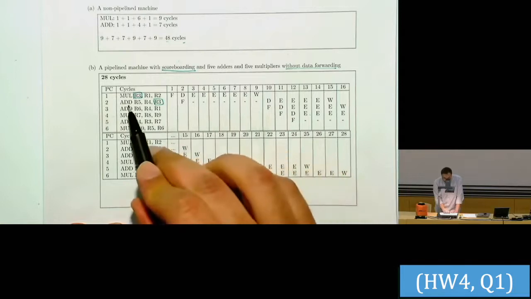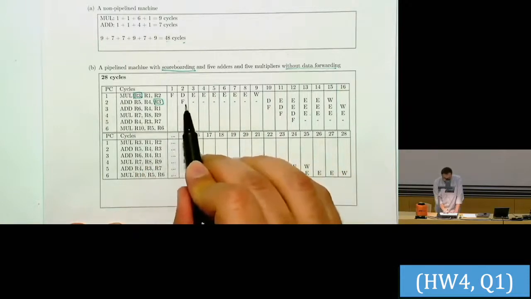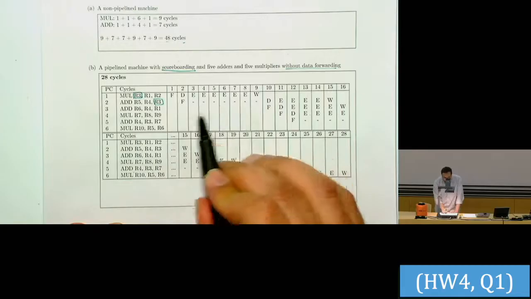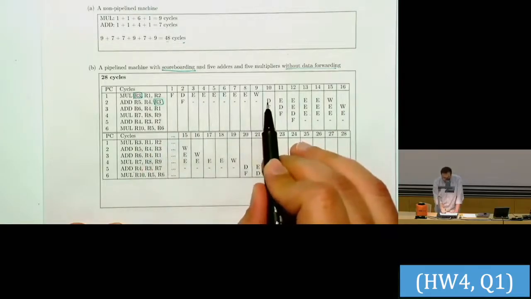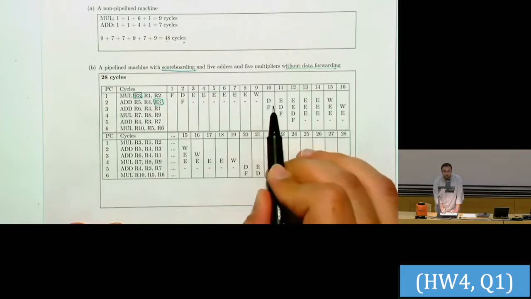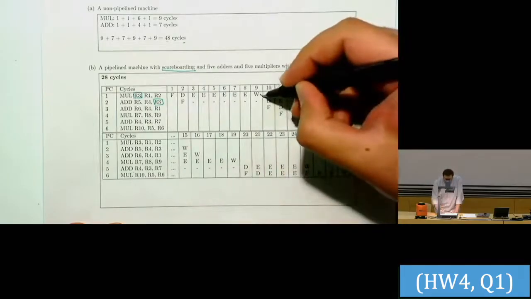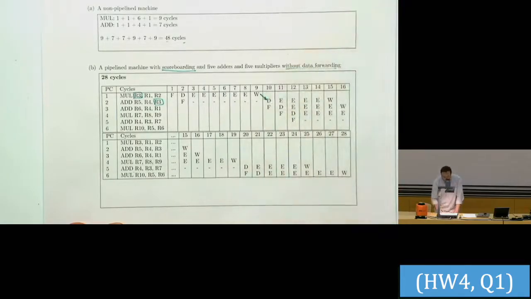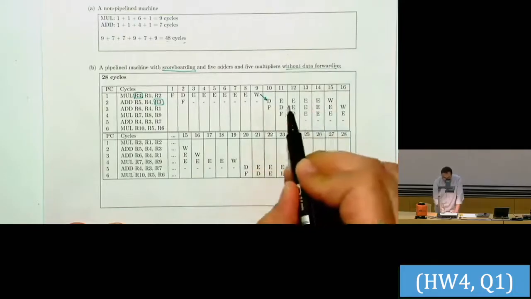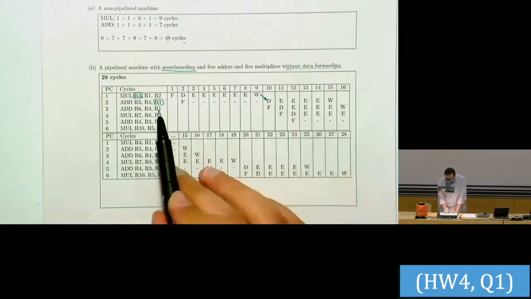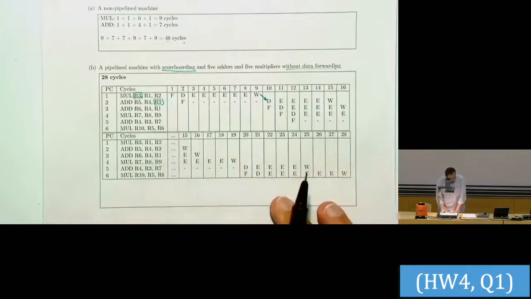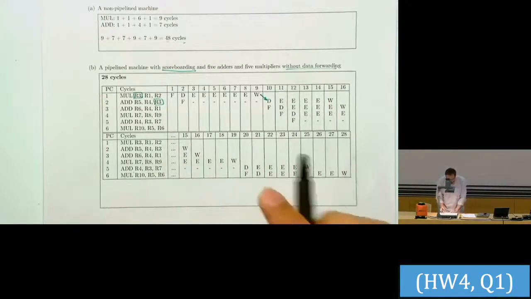When you have the second instruction, you fetch it, and then you need to wait until the result of R3 is written back to the register file to be able to finish decode. After write back, we decode and then continue. Then you just follow the same idea for the other instructions as well.